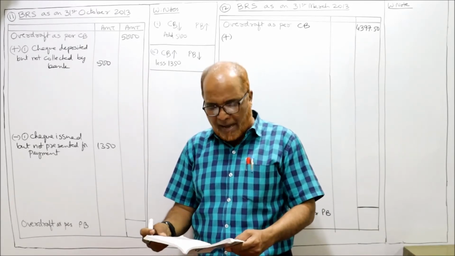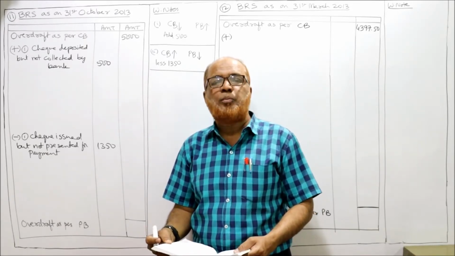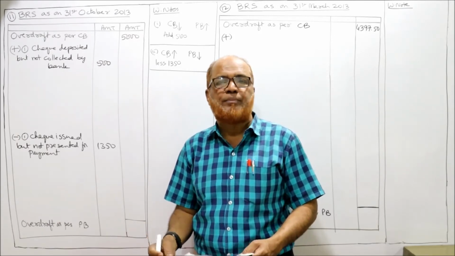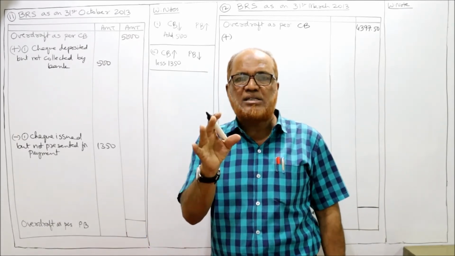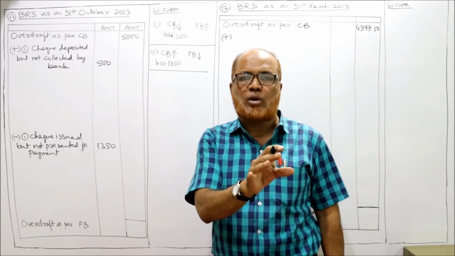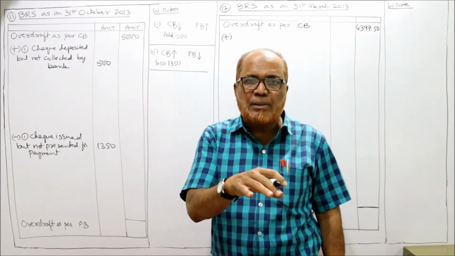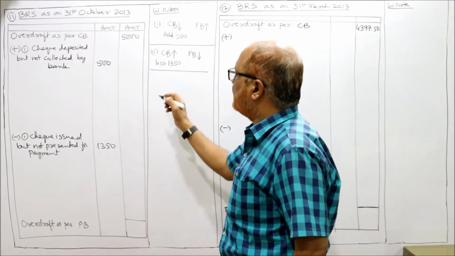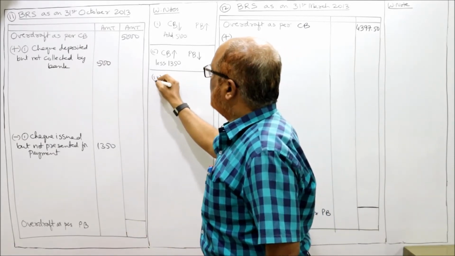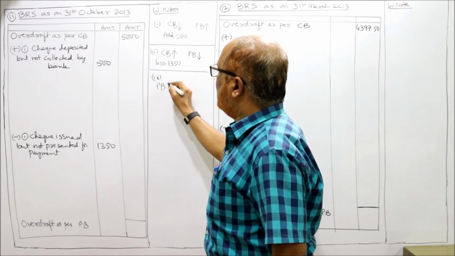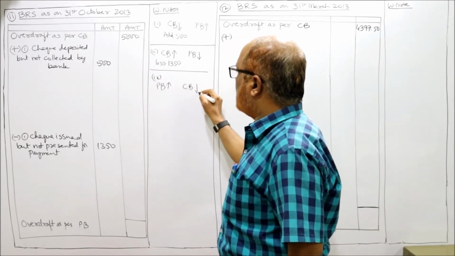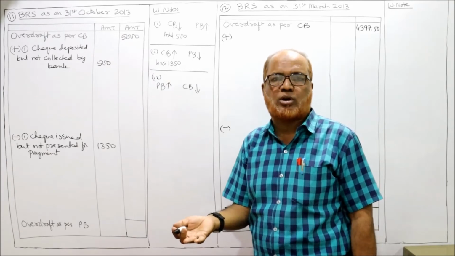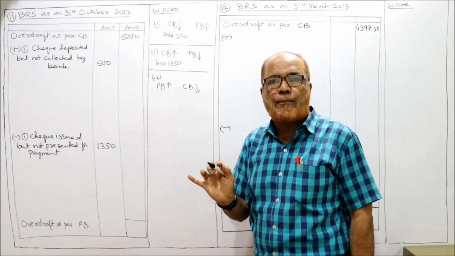When the passbook is debited, the passbook overdraft will increase. Cash book overdraft still shows a low balance because it is not recorded in the cash book. It is recorded only in the passbook.